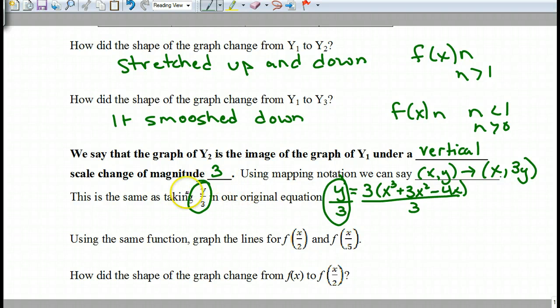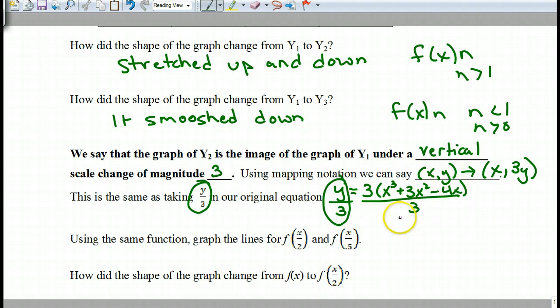No, it's just saying that it's in terms of y.